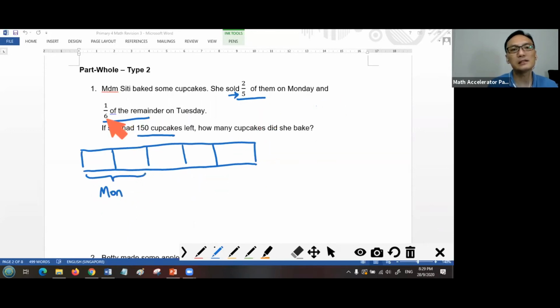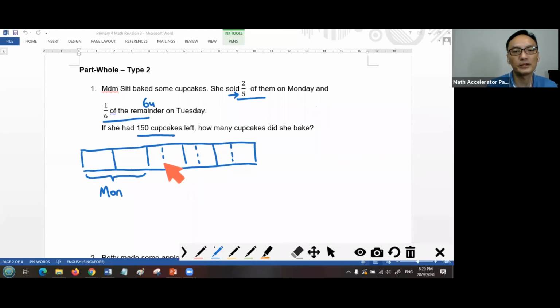Now, Tuesday says we need to have 6 units for the remainder. 1/6 of the remainder means the remainder must have 6 units. But we only have 3. So therefore, we need to split it further. 6 divided by 3, each of the units we have to split into 2.